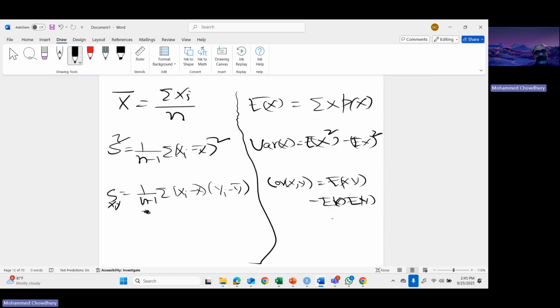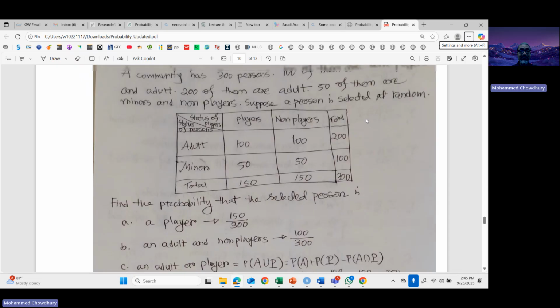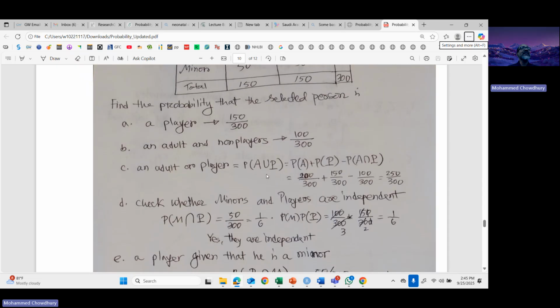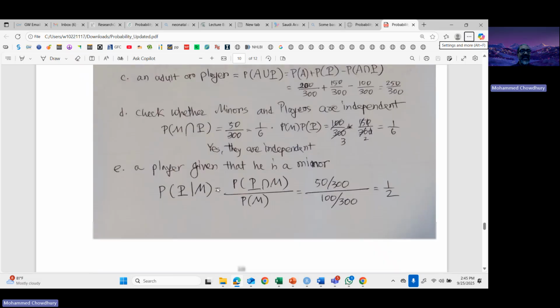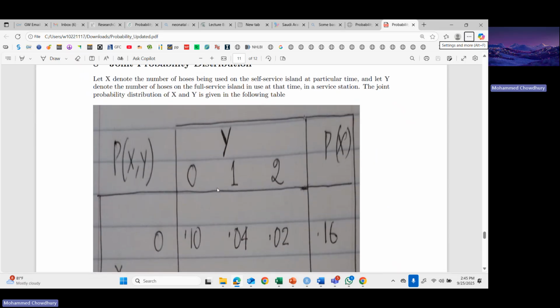So what you already did in this problem, you converted these things into a joint probability table and then computed the same problems directly with the probability, which you have just seen. Now suppose in your exam you get a problem like this: let x denote the number of hoses being used on the self-service island at a particular time, and let y denote the number of hoses on the full-service island in use at that time in a service station.